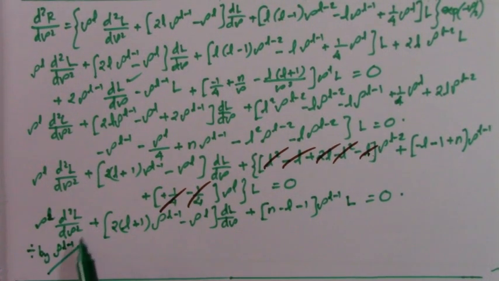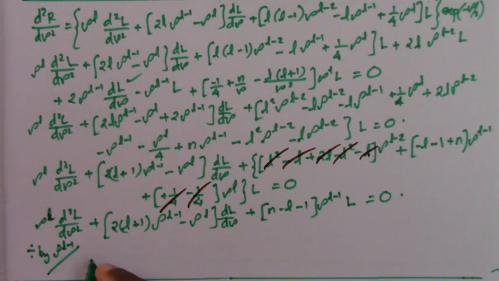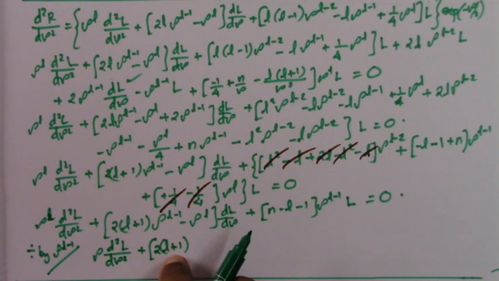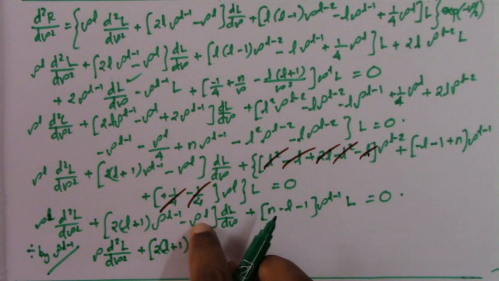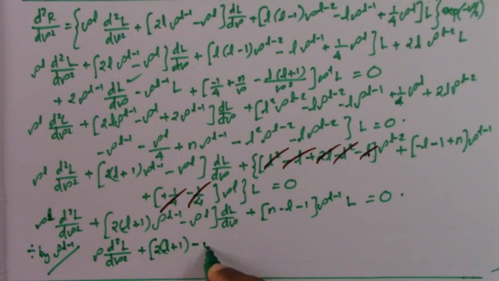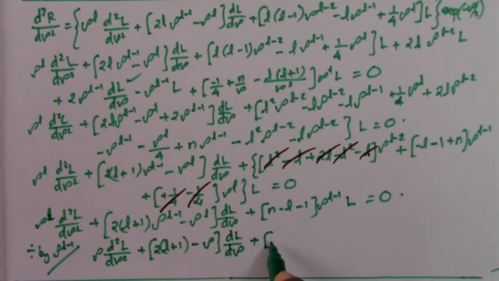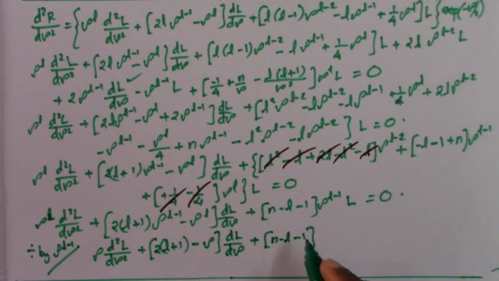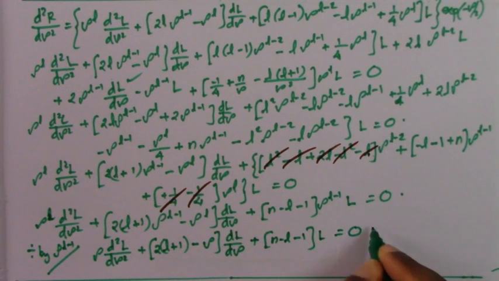So when I divide the entire equation by rho raised to L minus 1, I get rho raised to L by rho raised to L minus 1, that is rho d square L divided by d rho square, plus 2 into L plus 1 times rho raised to L minus 1 divided by rho raised to L minus 1, which is 1, minus rho raised to L divided by rho raised to L minus 1, that is rho dL by d rho, plus n minus L minus 1 times rho raised to L minus 1 by rho raised to L minus 1, into L is equal to 0.